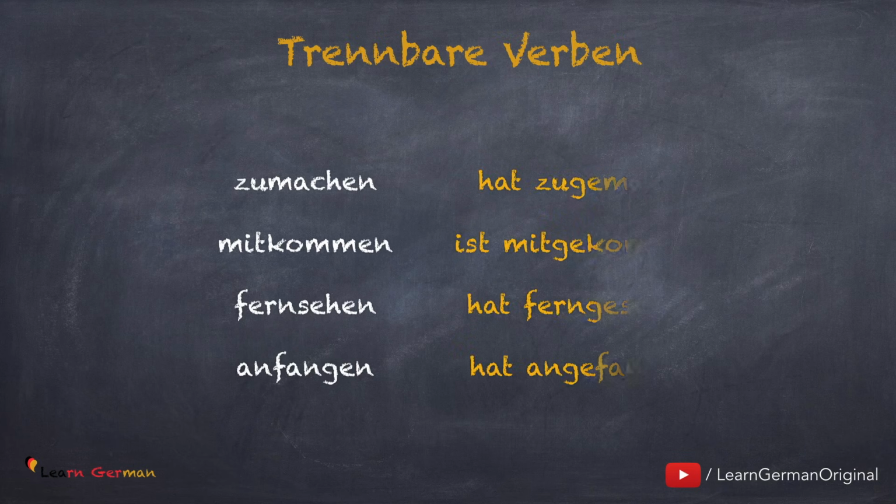Here are a few more trennbare Verben and their Perfekt. Zumachen, hat zugemacht. Mitkommen, ist mitgekommen. Fernsehen, hat ferngesehen. Anfangen, hat angefangen.